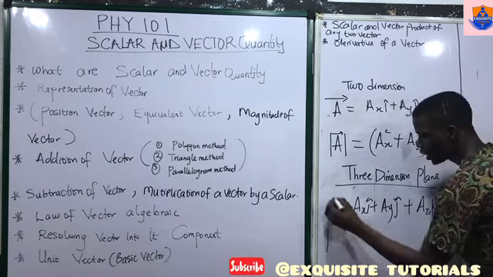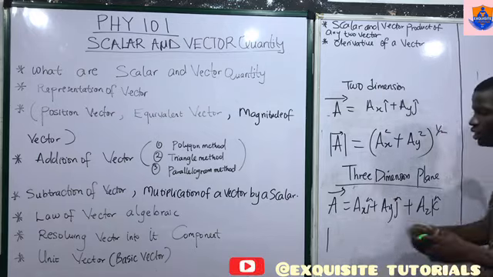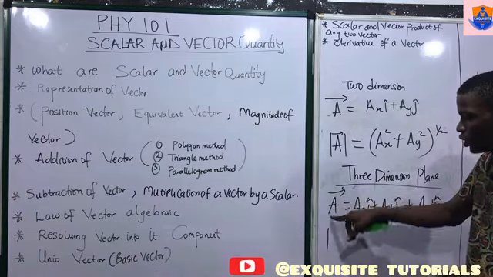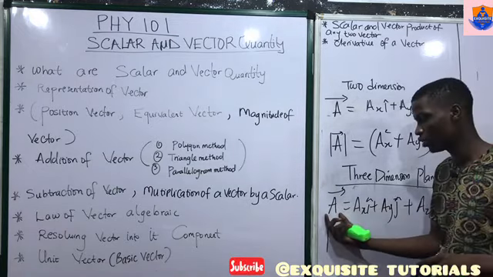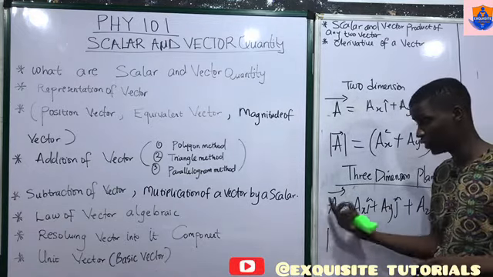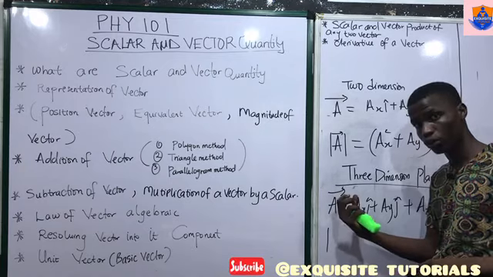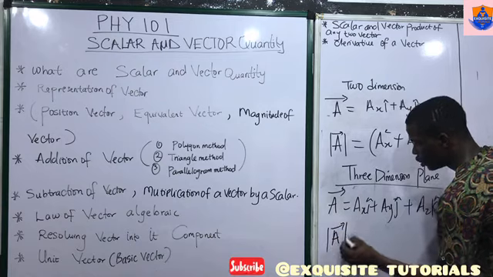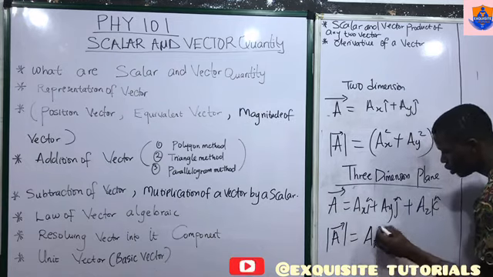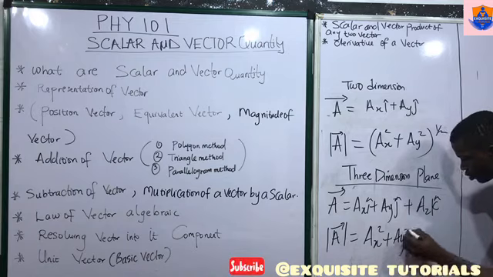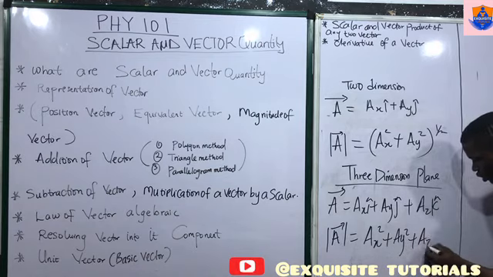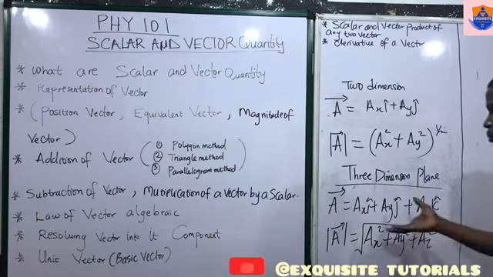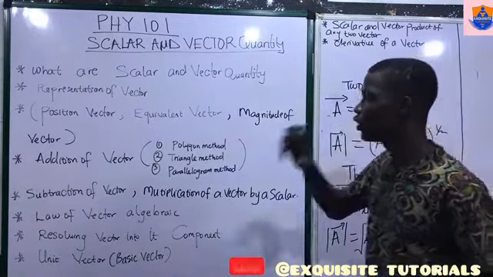The magnitude of this kind of vector, remember vectors are represented in this format: the A representing the vector itself, then the magnitude, then the direction, this arrow at the top of it. So the magnitude of the vector A here is equal to ax squared plus ay squared plus az squared. So this is the magnitude for a three-dimensional vector.